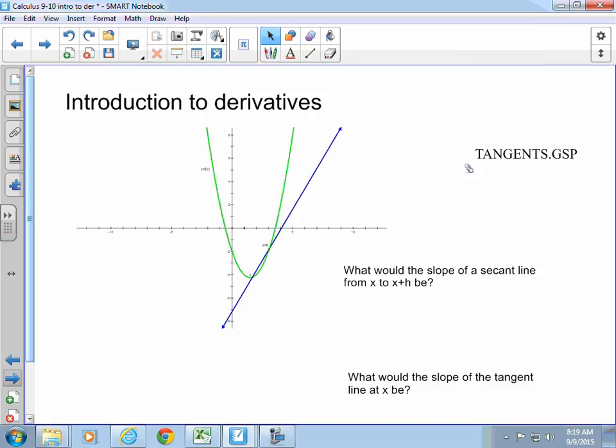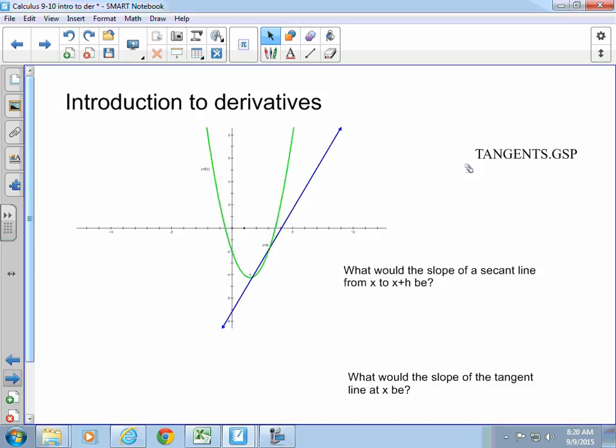Well, we just finished finding average rate of change.